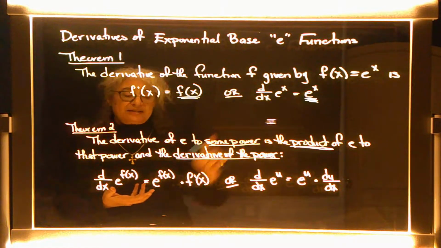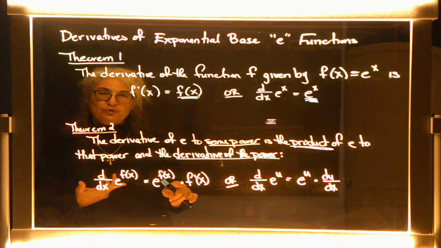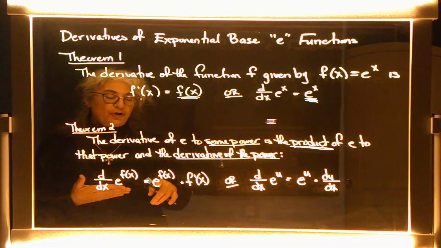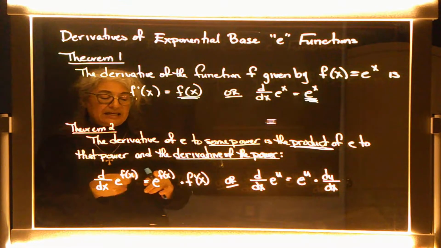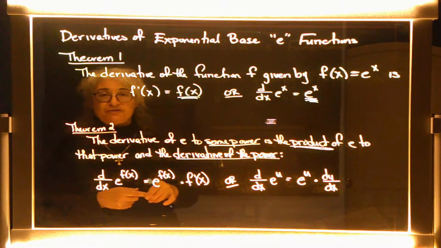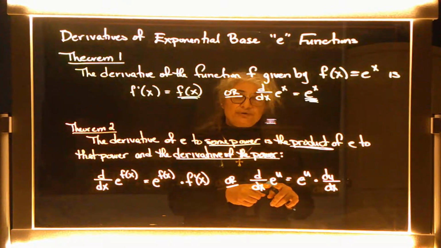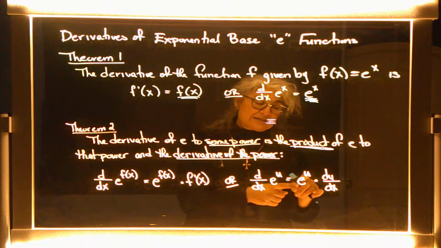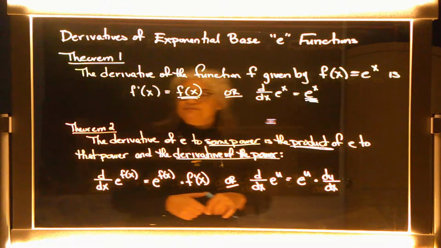It's going to be itself again. But remember that power rule says now you've got to multiply it by the derivative of the power. So that's what we're doing here. The derivative of e to some function is going to be e to that function multiplied by the derivative of the function. Cool? Or another way of writing it is the derivative of e to the u is e to the u itself times the derivative of u with respect to x.